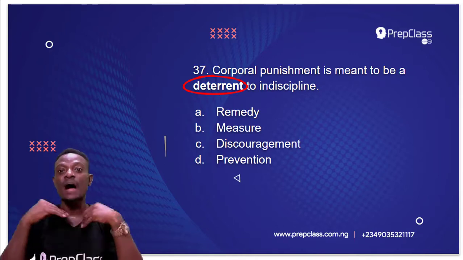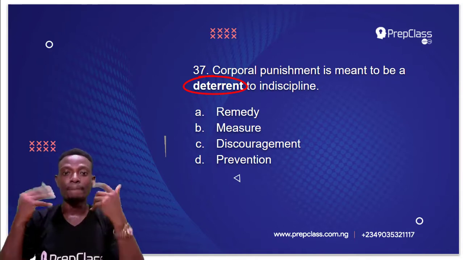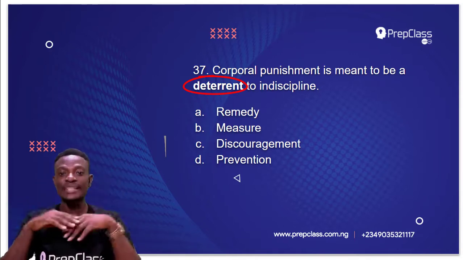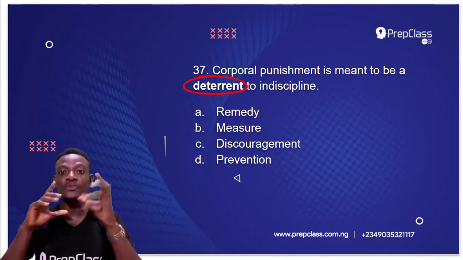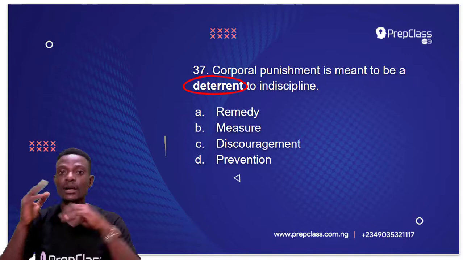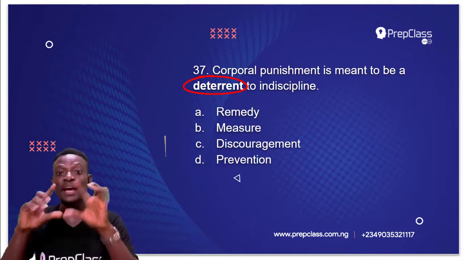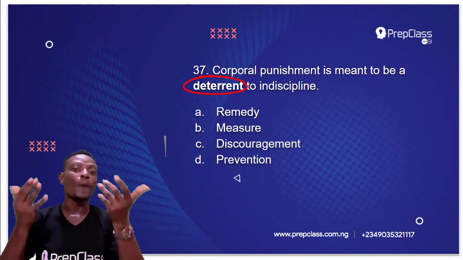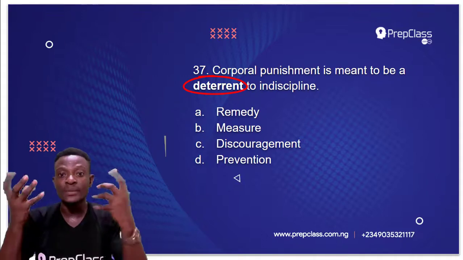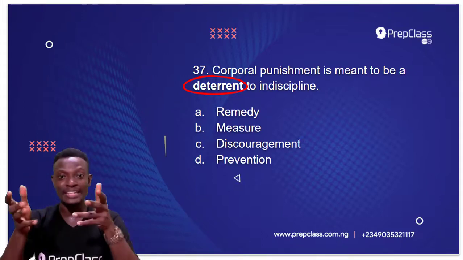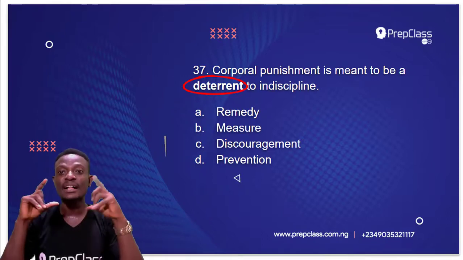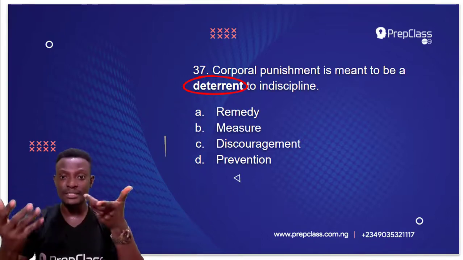The options we have are remedy, measure, discouragement, and prevention. So which of these options is the nearest in meaning to deterrent?